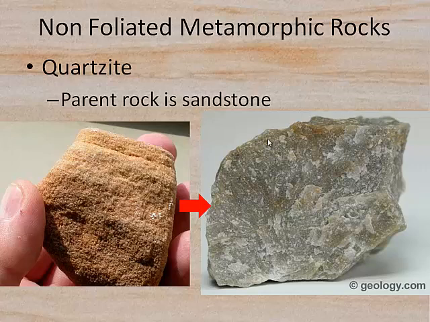If we take quartz sandstone, which is basically beach sand that's been cemented together, and subject that to great heat and pressure, then we get quartzite. In quartzite, the quartz crystals grow together and merge, and you get a very durable hard rock. In this area, quartzite makes up the tops of the ridges of the Blue Ridge Mountains.